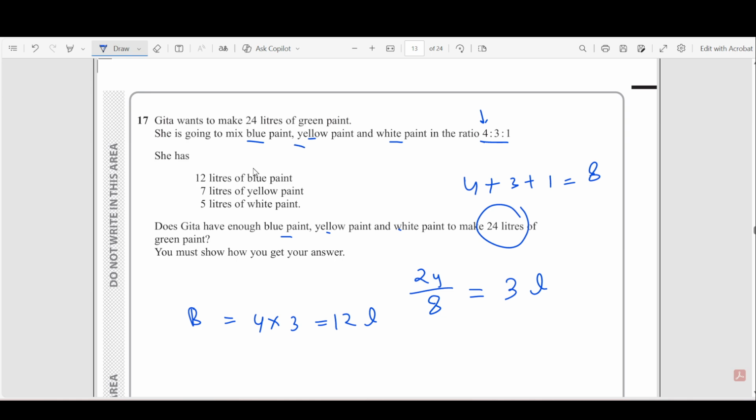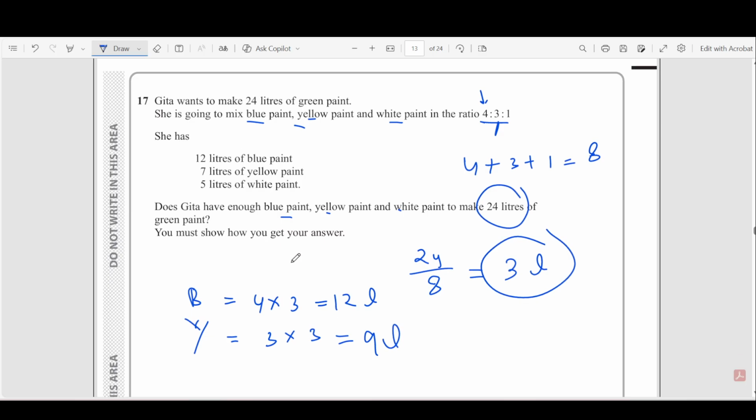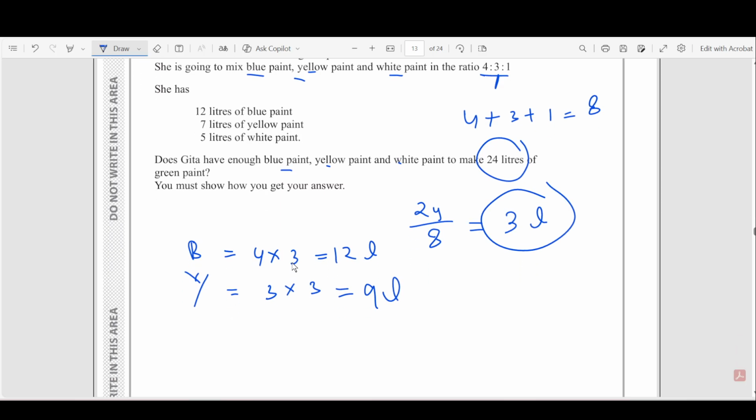For yellow, the second ratio is 3, so 3 times 3 is 9 liters. We multiply 3 with each ratio. The third one is white, and the ratio for white is just 1, so 1 times 3 is 3.